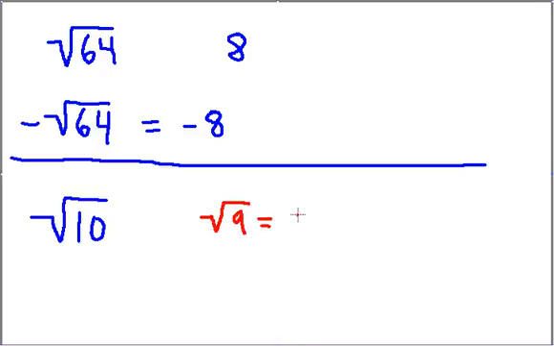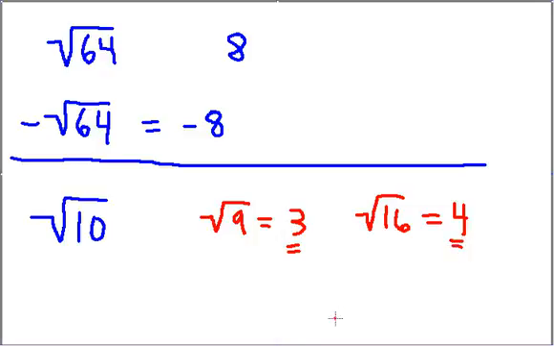So we know that our answer is at least as big as 3. But we also know that the square root of 16 is 4. So the square root of 10 is going to be greater than the square root of 9, but less than the square root of 16. So which two integers is this answer going to be between? It's going to be between 3 and 4.